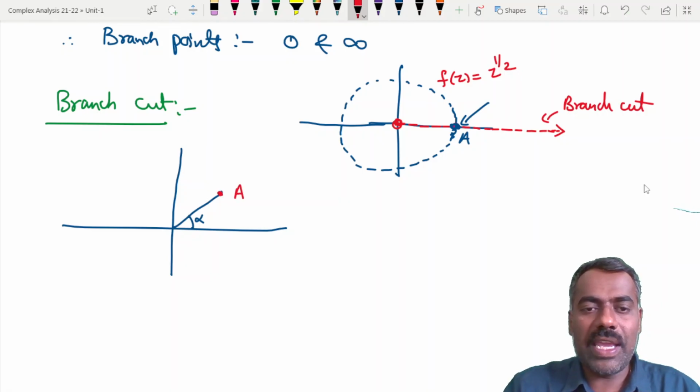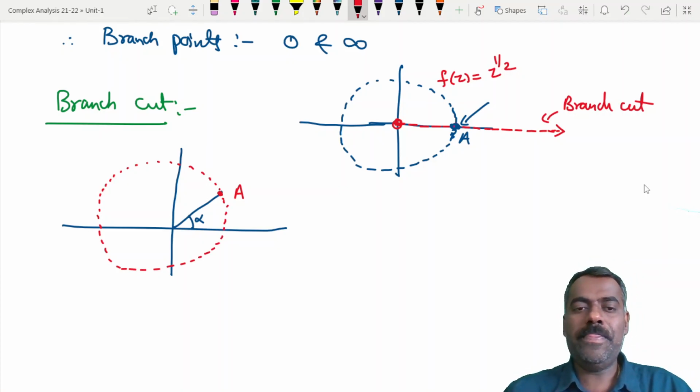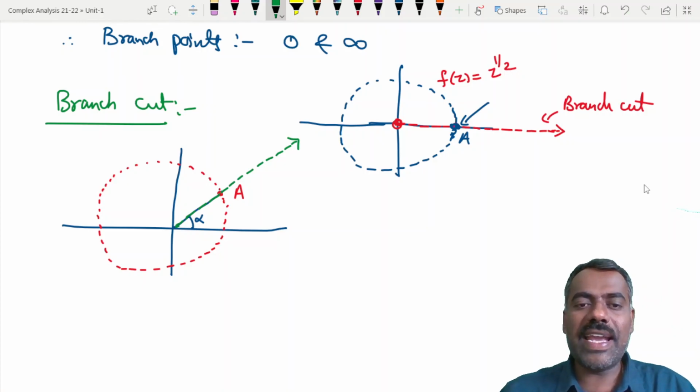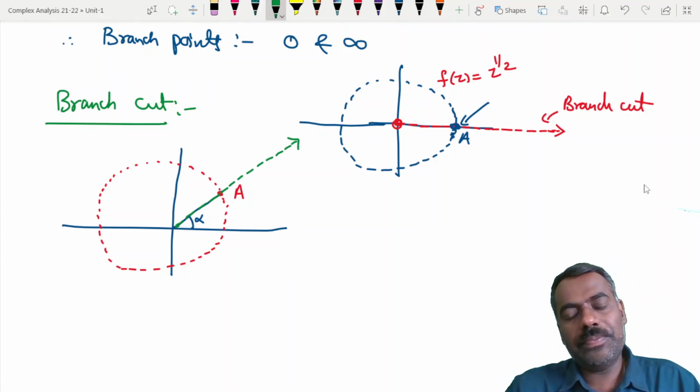This is my point A. When 2 pi degrees comes, the moment I reach here, yes or no? Because I started from this, I have gone a complete round, which means I have to reach again here. Now can you tell me what should be the branch cut? This line. If I remove that part, then I can't reach this point A. Are you following?